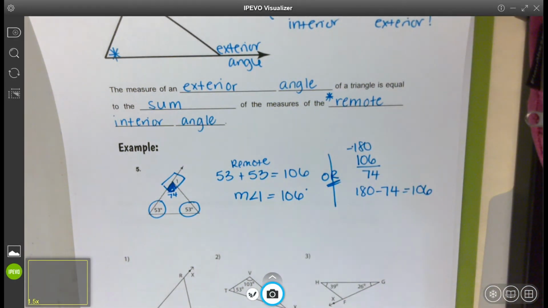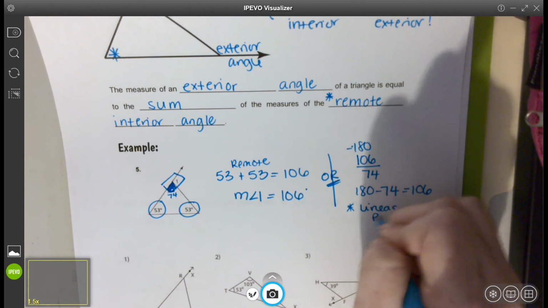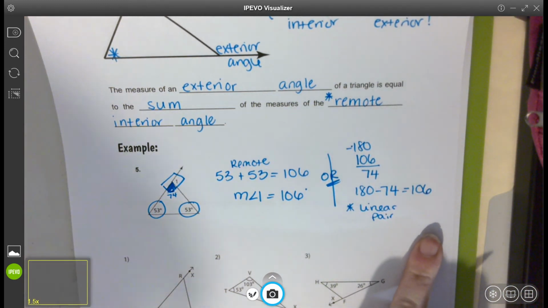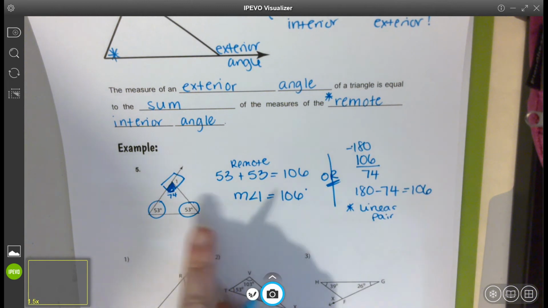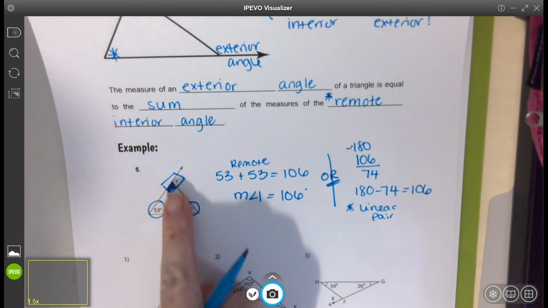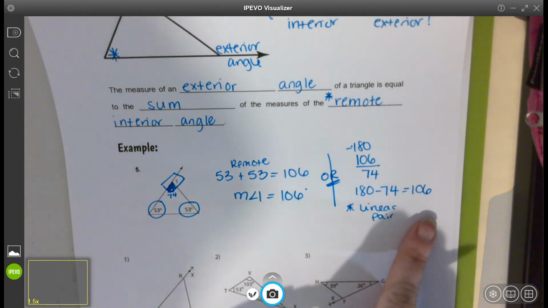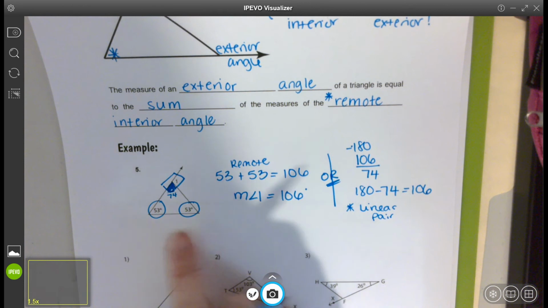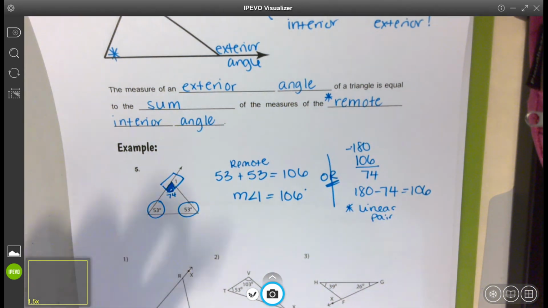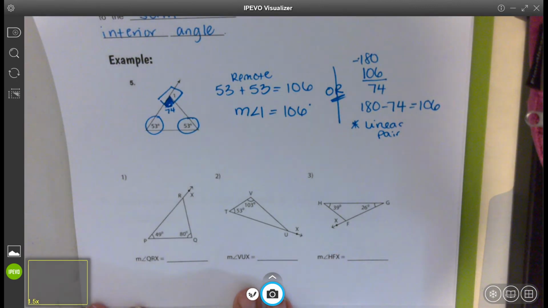Again, what that means is I used a linear pair over here for this example. It's a lot going on. So that means I had to add these two together, subtract from 180 to get this missing angle, then use my linear pair vocabulary to then find the exterior angle, when I could have just added the two remote to get my answer.